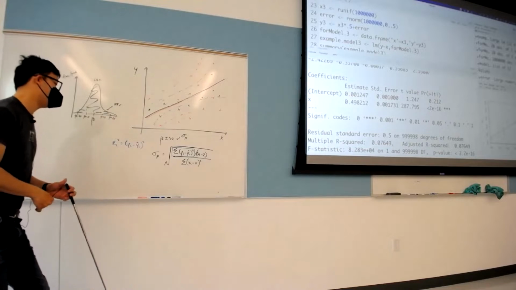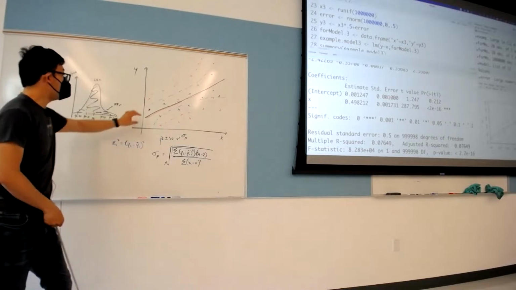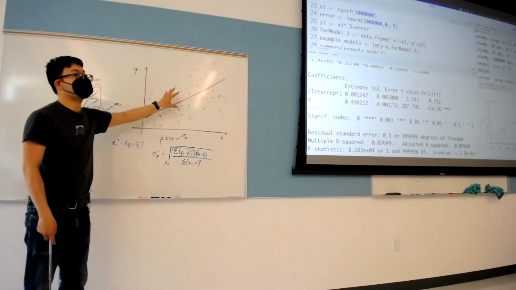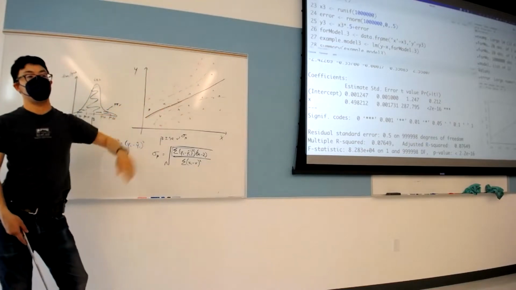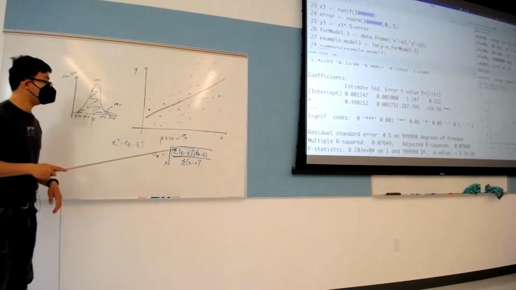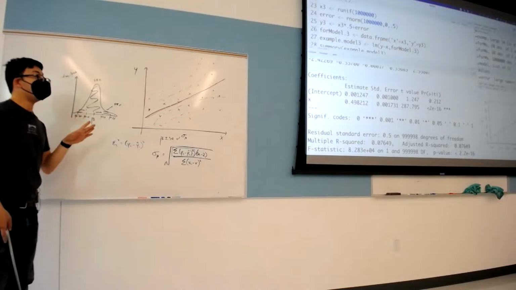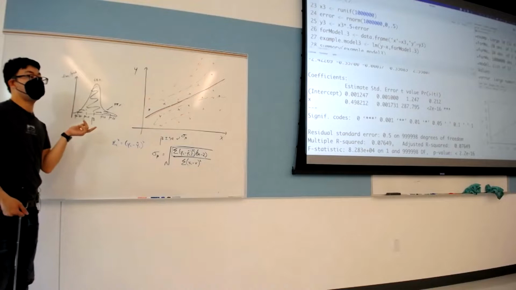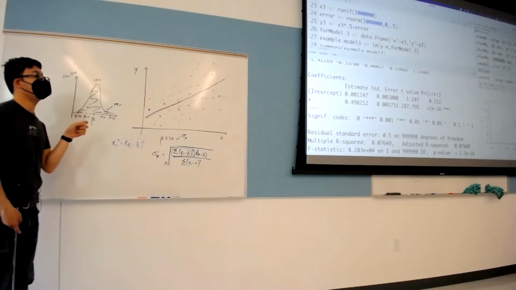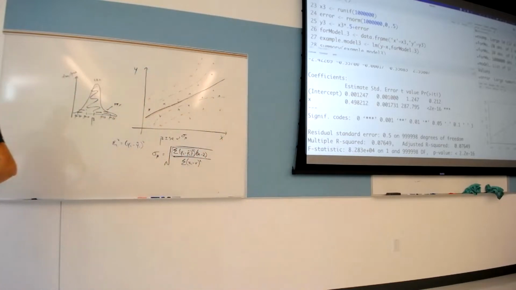This is a common problem with big data, which is that as I populate this plot with more and more points, you get more and more certain about the fact that your slope is this value. And that's entirely an artifact of having this n, right? As n gets big, the numerator gets smaller, and so your standard error gets smaller. All else equal, the more data you add, the smaller your standard errors will be, and that's why this value is shrinking over here. That can be a good thing, and that can be a bad thing sometimes.